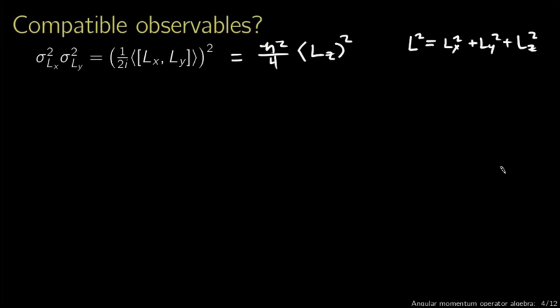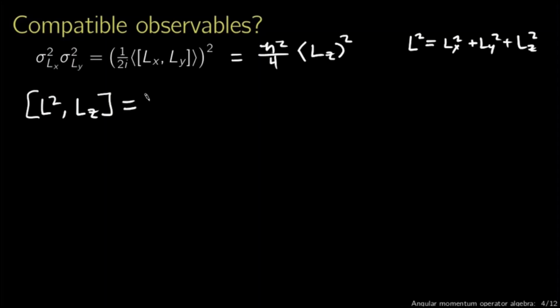So, the question then is, how does this L squared work? One thing you can do with this, since we're calculating commutators, is ask what's the commutator of L squared with, for example, Lz. Can I simultaneously determine one of my angular momentum direction coefficients with this total angular momentum squared operator?